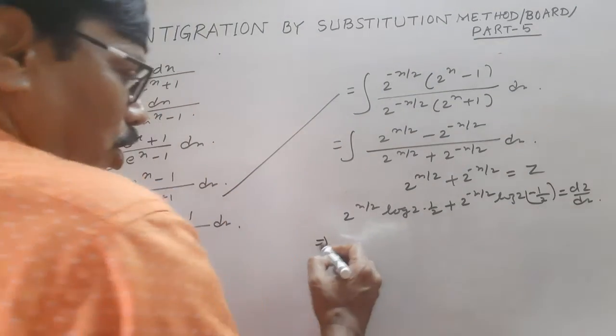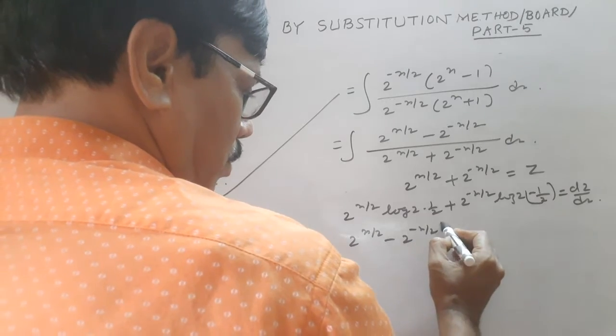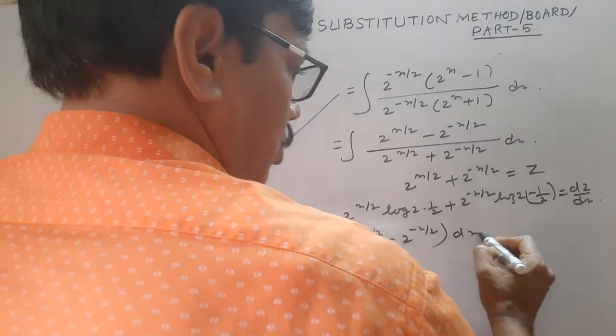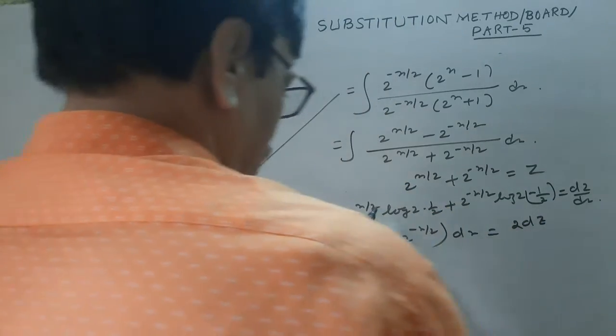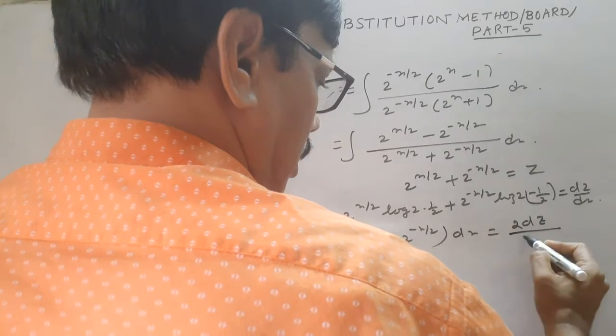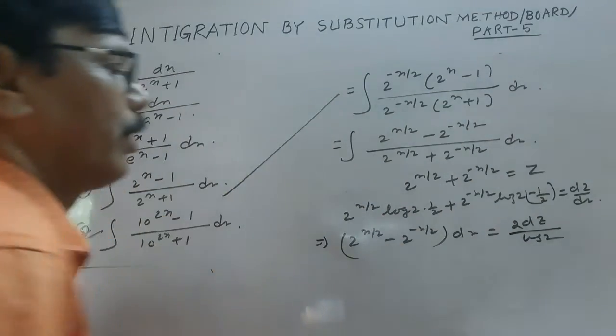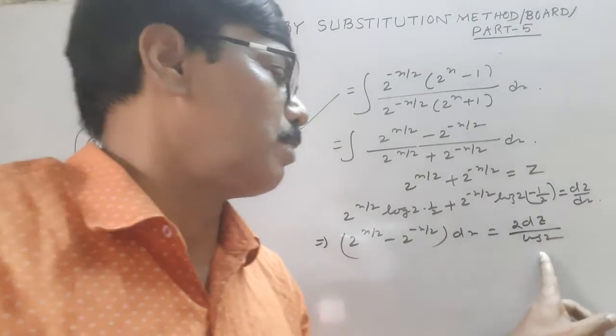So 2 to the power x by 2 minus 2 to the power minus x by 2 into dx equals 2 dz by log 2, since the half is multiplied here.